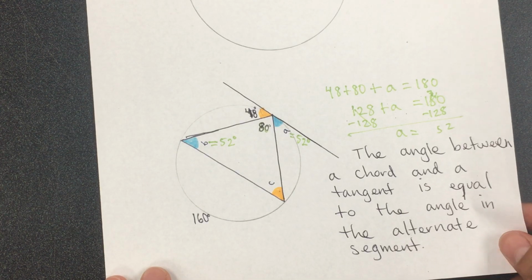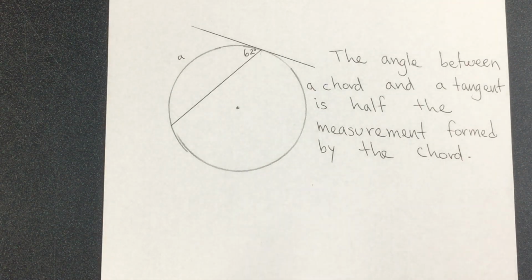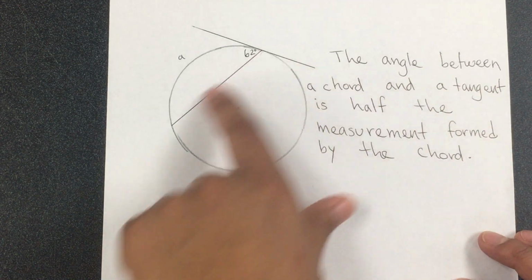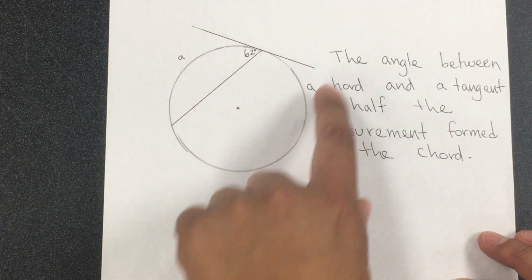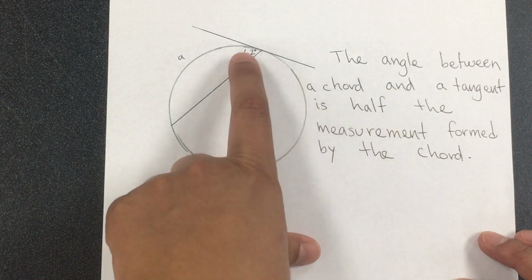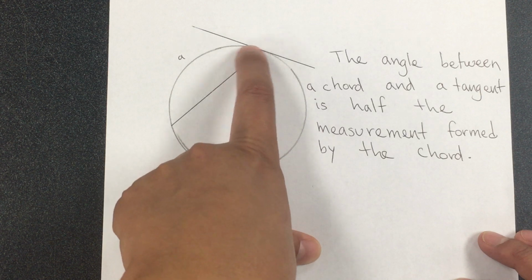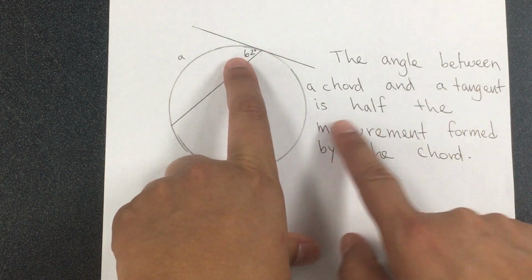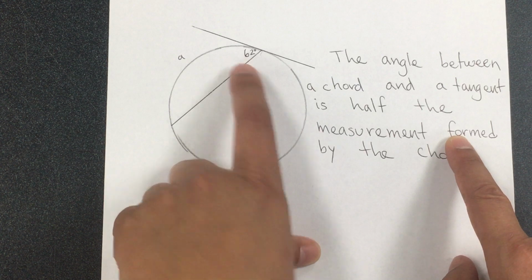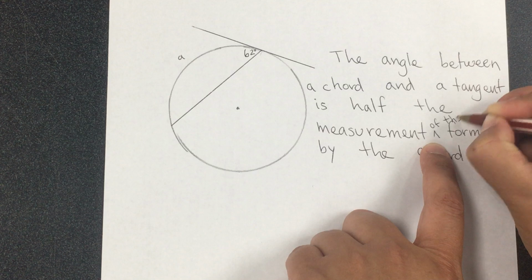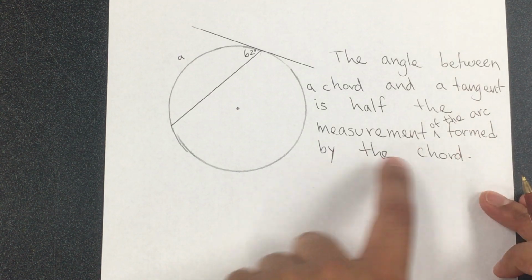Okay, let's go to another definition. That one was kind of like a definition and also a demonstration so that you wouldn't forget. It says that the angle between a chord and a tangent is half the measurement of the arc formed by the chord.